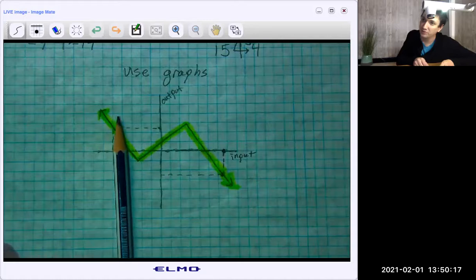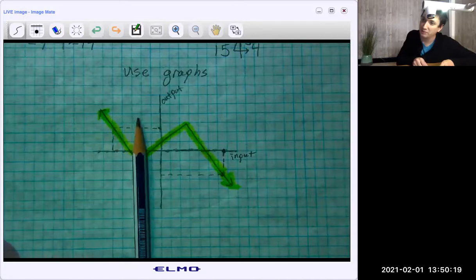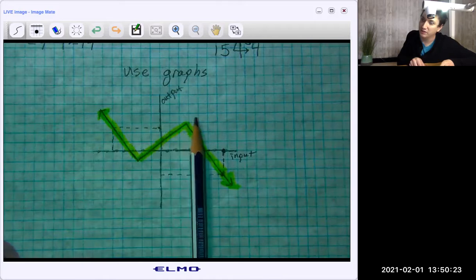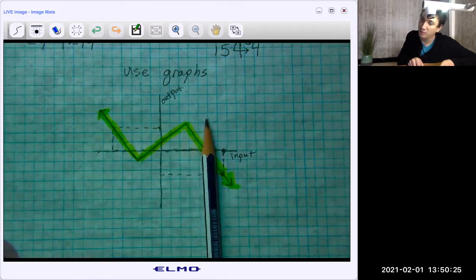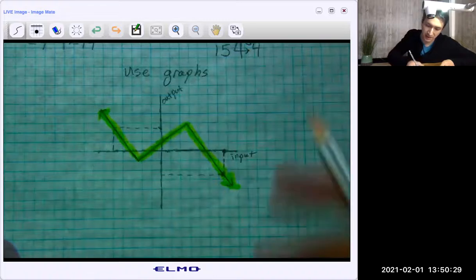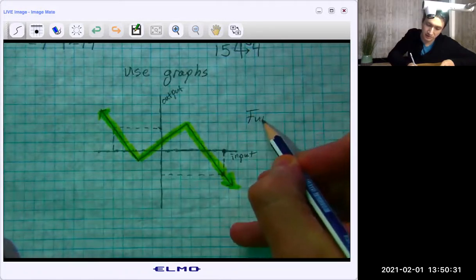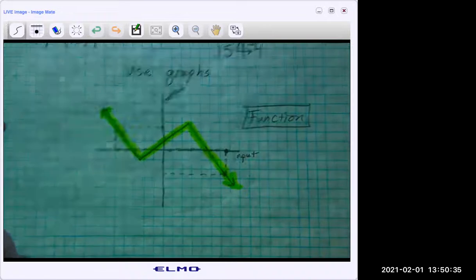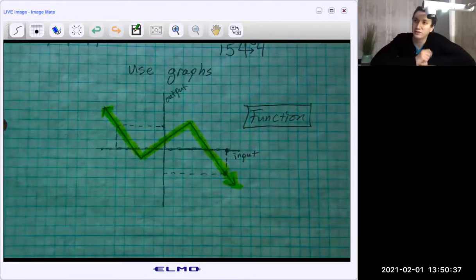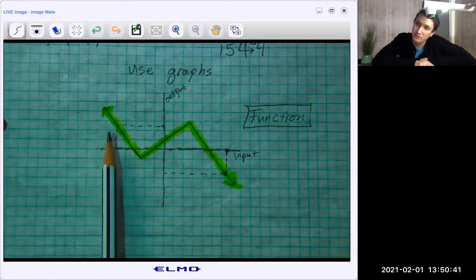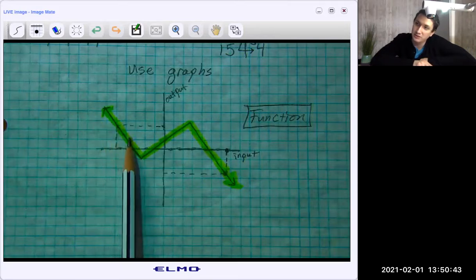So there's my output, it goes down and comes back up and goes back down again. It's kind of weird, but does it always touch my pencil just once? Yeah, so this is a function. It's a weird function, but it's a function because it passes the vertical line test. Everywhere along there, your pencil only touches the line once.